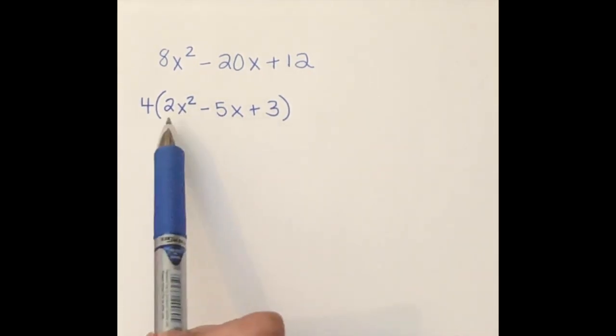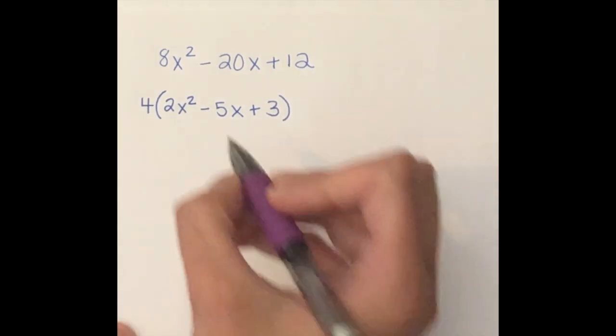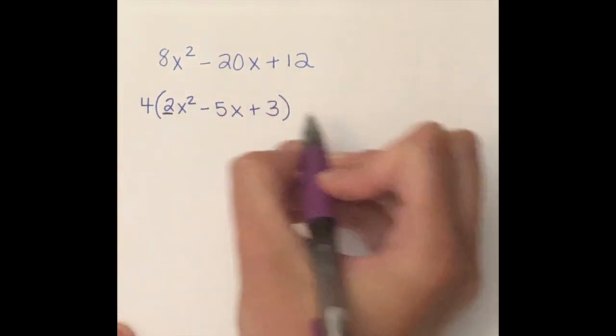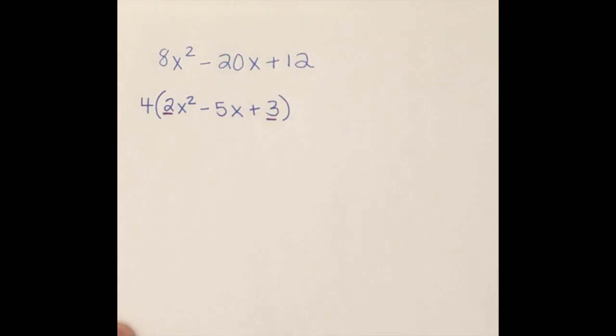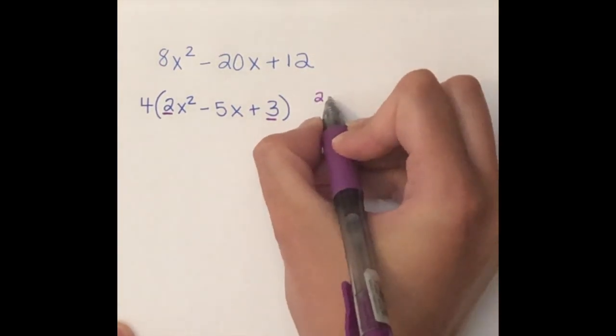So when we look inside this trinomial now, I still have to factor it, and my a value is still bigger than 1. So we're going to do exactly what Mrs. Sullivan did. We're going to start by multiplying our a value and our c value: 2 times 3 is 6.